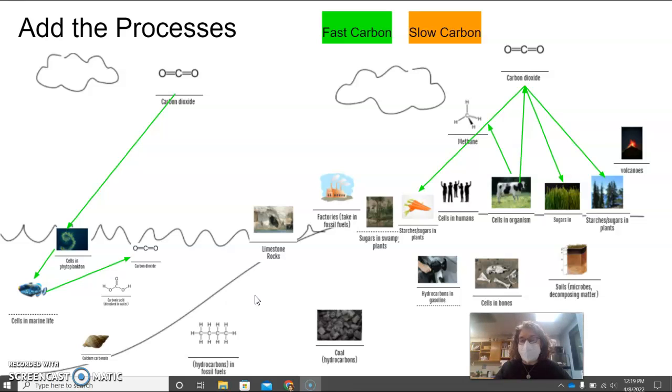It's a good strategy to try to not have your arrows cross each other, because visually that becomes challenging for you, who's ultimately going to use this model, to figure out where that arrow is starting and where it's ending. So hopefully that gives you a good start on how to add those processes, whether they are fast or slow, into your carbon cycle.